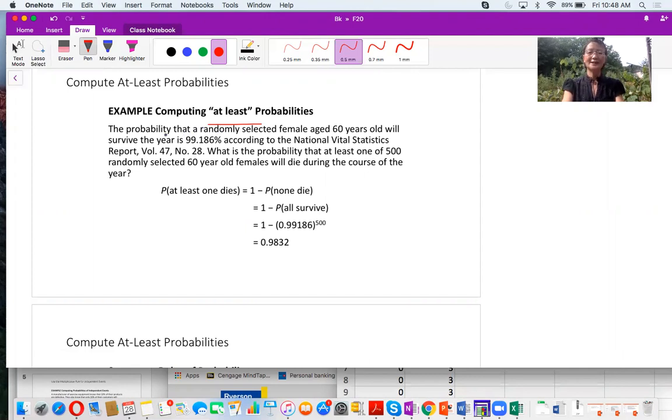The probability that a randomly selected female aged 60 years old will survive the year is 99.186%, according to the National Vital Statistics Report. What is the probability that at least 1 of 500 randomly selected 60-year-old females will die during the course of the year?